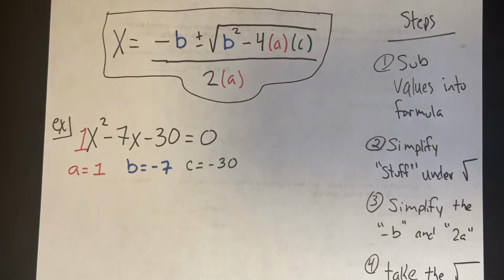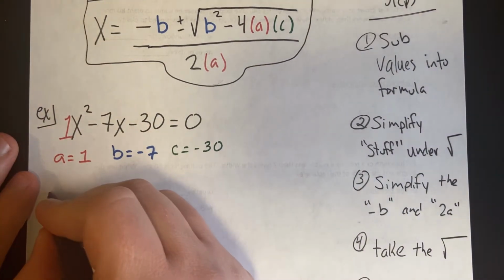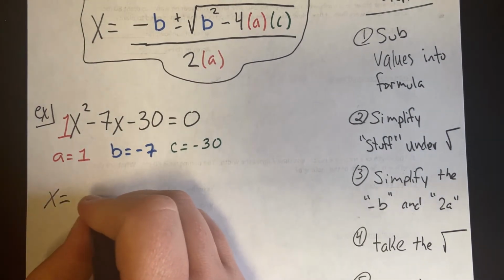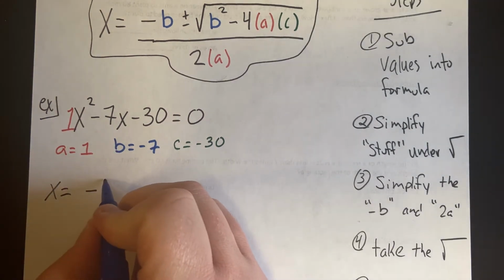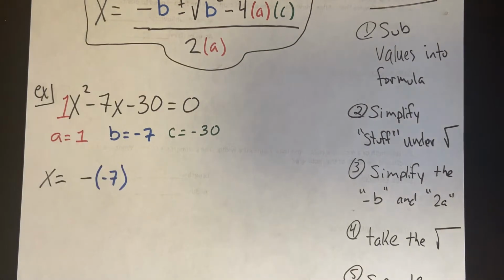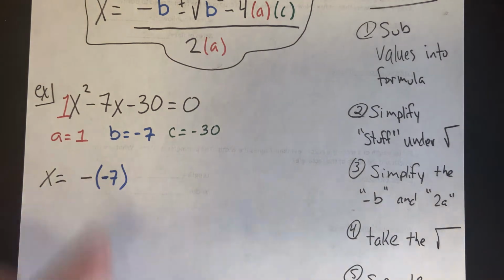Once we can recognize what our a, b, and c values are, we are just going to literally throw these into the equation. So x equals negative b. Well, my b value is a negative 7. So this is kind of weird here. You're going to see a double sign. But if we use parentheses like we always should be doing anyway when we substitute, that shouldn't be an issue.